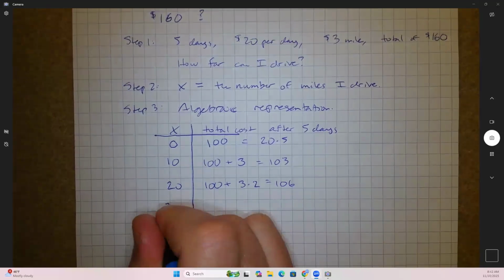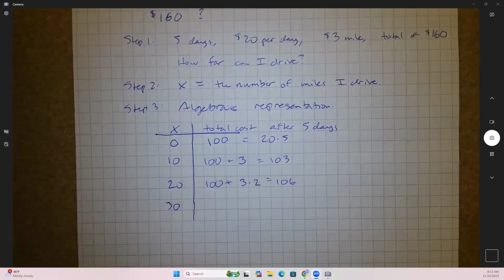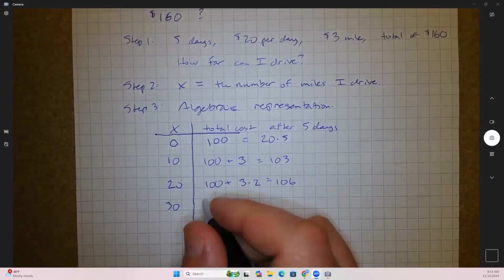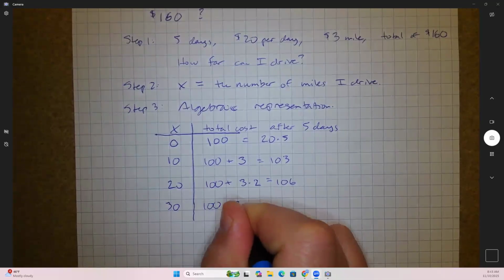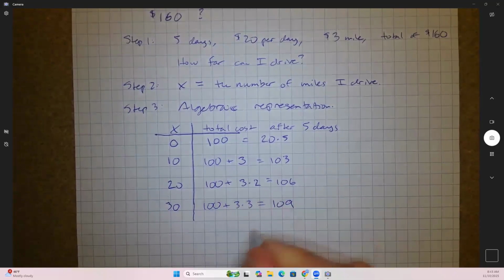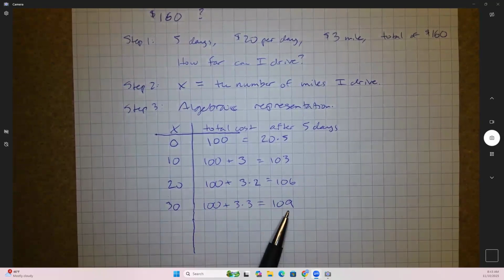And there would be absolutely nothing wrong with solving this question using a table. Using a table is making a reasonable guess and checking systematically. And I could see pretty quickly that sticking to like 10, 20, or 30 is not going to get me there.